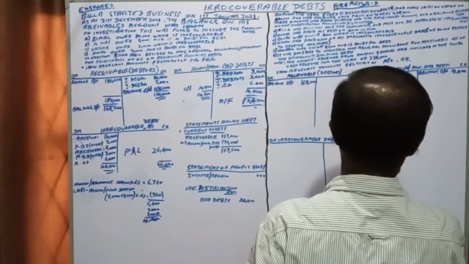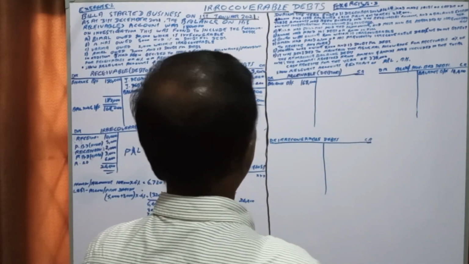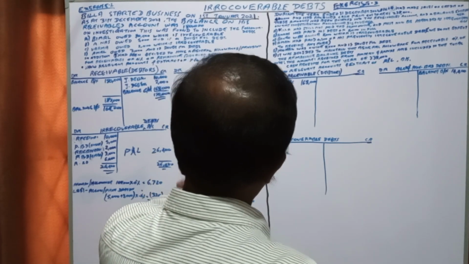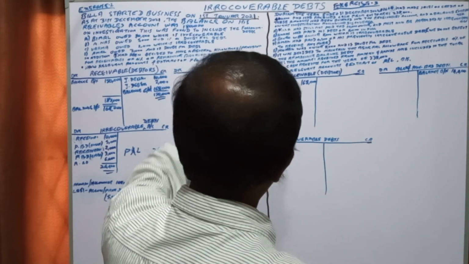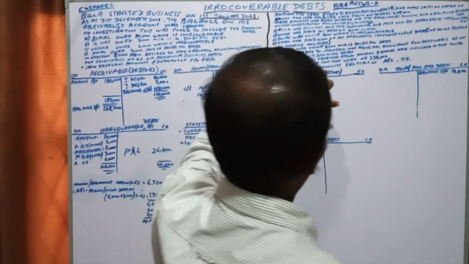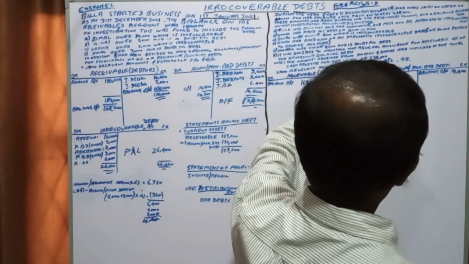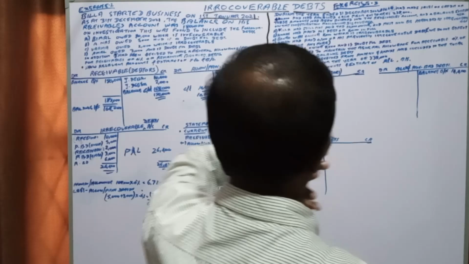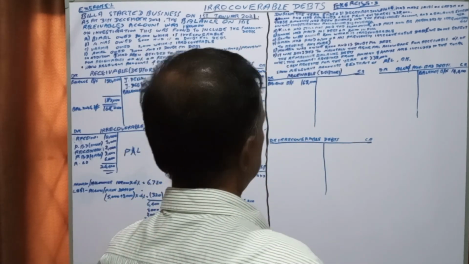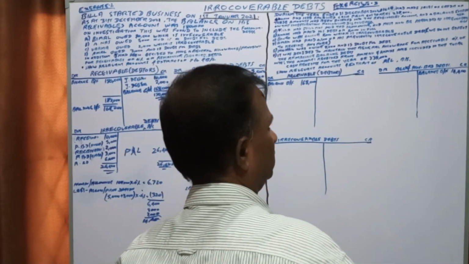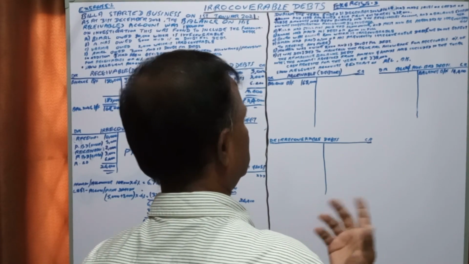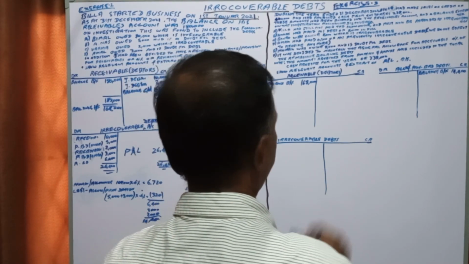Okay. Then we will read the question. Required: show relevant accounts and extracts of the profit and loss account and balance sheet. We had to prepare the accounts also.